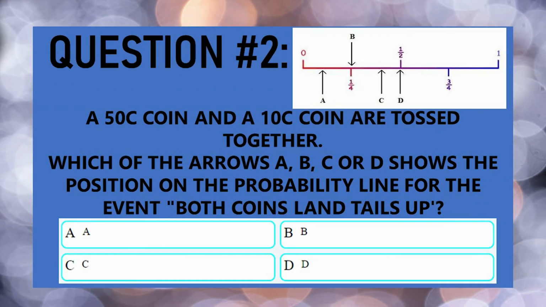Question number 2. A 50-cent coin and a 10-cent coin are tossed together. Which of the arrows A, B, C, or D shows the position on the probability line for the event: both coins land tails up?